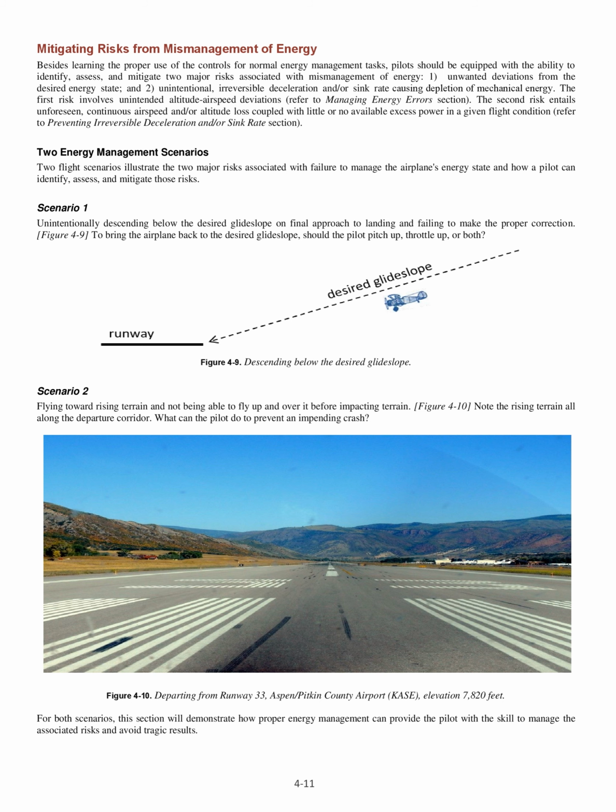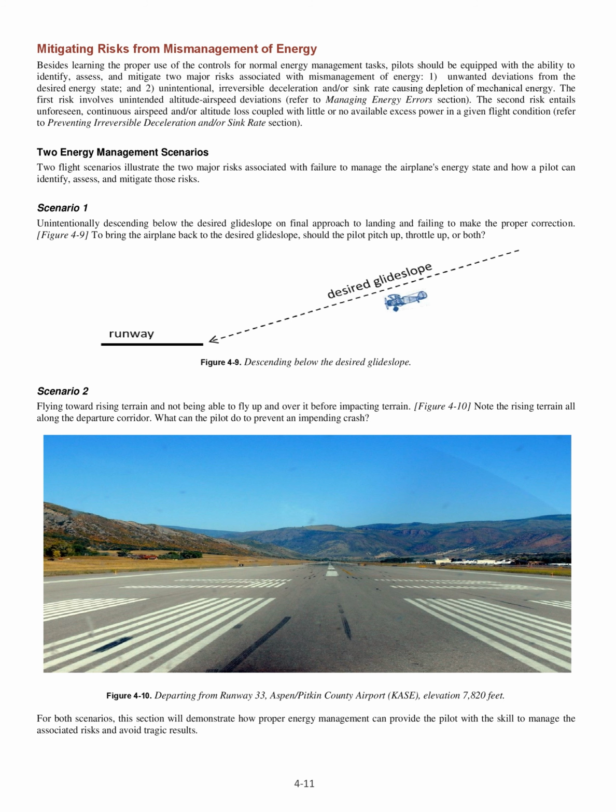Two energy management scenarios. Two flight scenarios illustrate the two major risks associated with failure to manage the airplane's energy state and how a pilot can identify, assess, and mitigate those risks. Scenario 1: unintentionally descending below the desired glide slope on final approach to landing and failing to make the proper correction. To bring the airplane back to the desired glide slope, should the pilot pitch up, throttle up, or both?